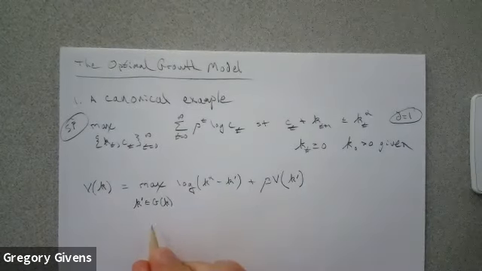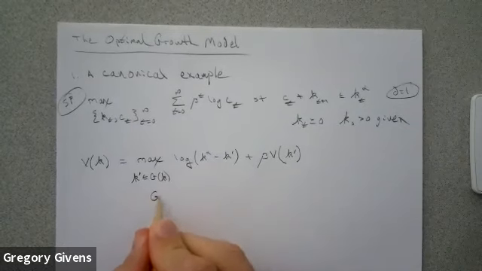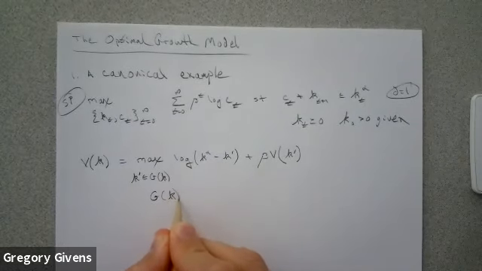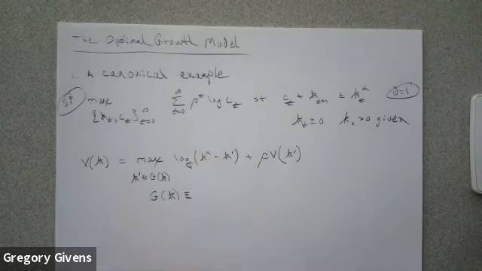What does the constraint correspondence look like? What are the menu of different options that the planner can choose for K prime in any given period? What's the lowest value that K prime can take?